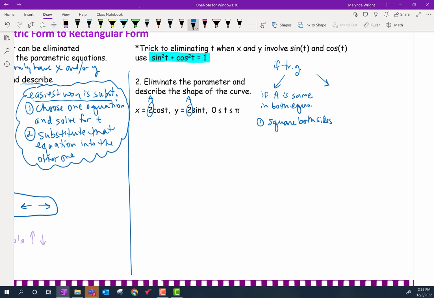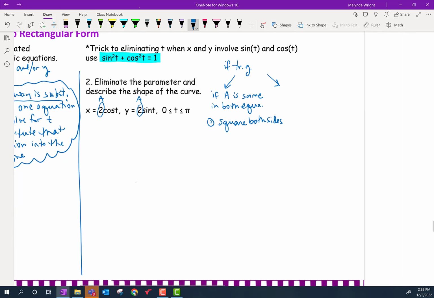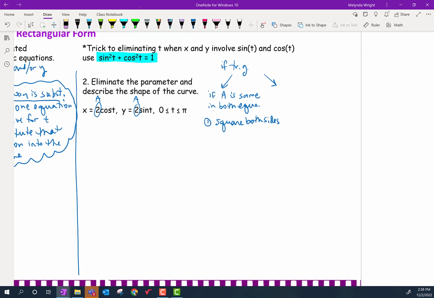Okay. I'm going to actually do this one much slower. I'm going to go one step at a time, and I'm going to show you 2 examples at the same time. One if A is the same, and one if A is different in both equations. Okay.